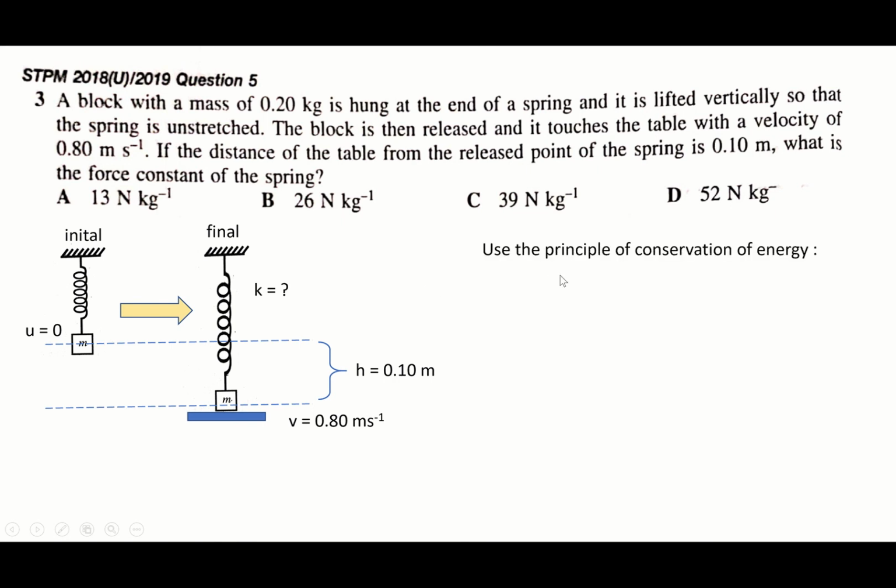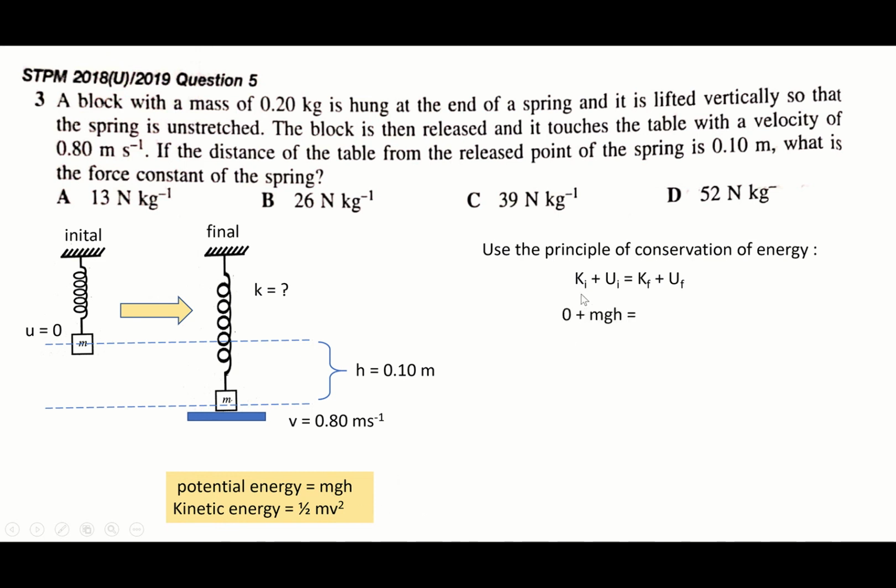So we use the principle of conservation of energy, where initial kinetic energy plus initial potential energy equals final kinetic energy plus final potential energy. Using the general equations, potential energy equals mgh and kinetic energy equals half mv squared.